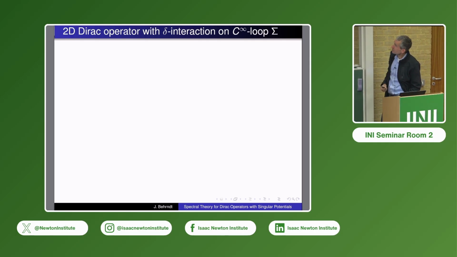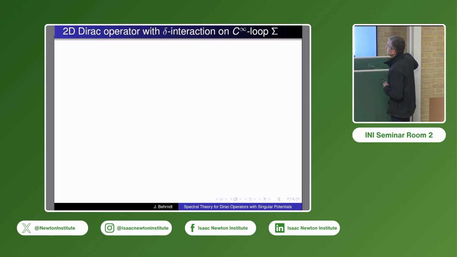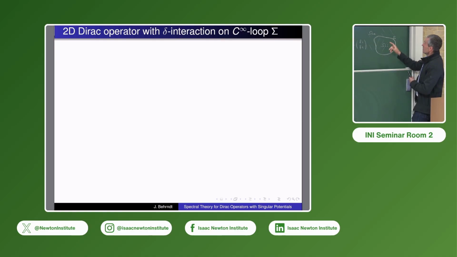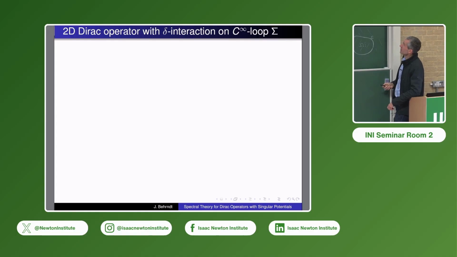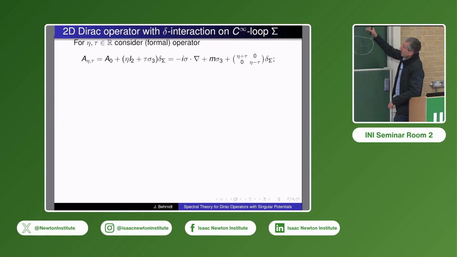And in this first result, my sigma that you can see here, now in the 2D case, I'm assuming it's a C infinity smooth, compact loop. Okay, so the goal is to define now a rigorous differential operator reflecting this expression.